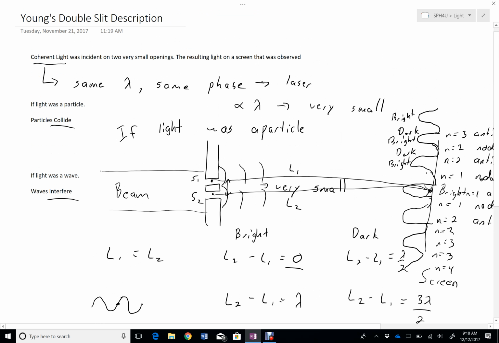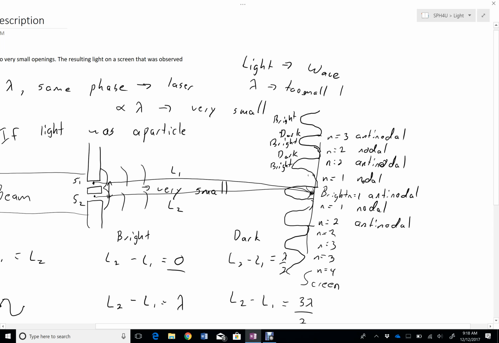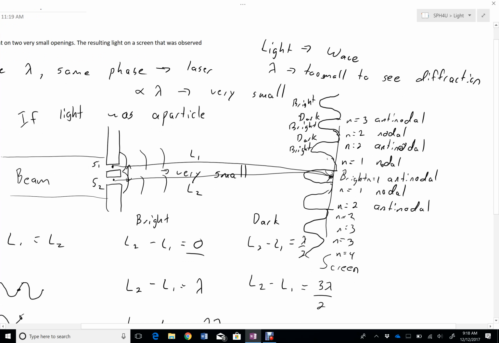And so, from Young's double slit experiment, the conclusion was that light was a wave whose wavelength was too small to see diffraction. Now, we still had the problem of the idea of this wave getting through space.